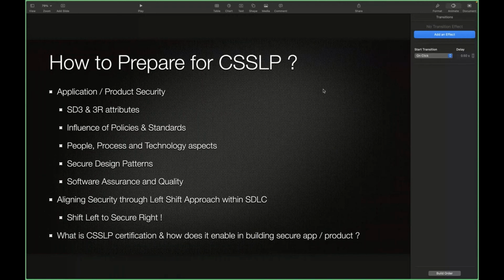And then it also talks about how to use tools like static application security testing or dynamic application security testing and so on, so that, in a nutshell, we ensure that the software has been implemented in a secure manner.